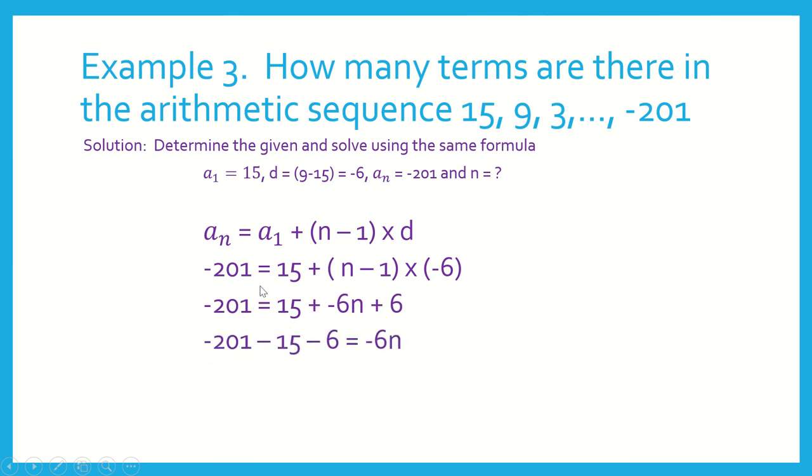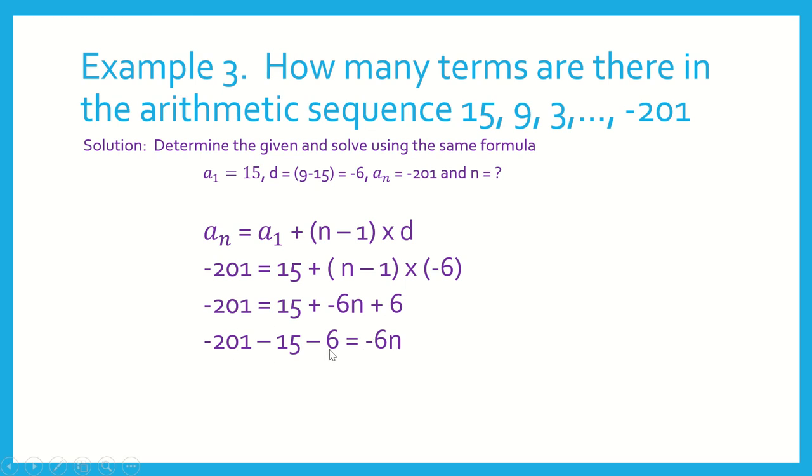Let us transpose the positive 15 to the other side of the equal sign. So it will change the sign. So it will become minus 15. And then we have the positive 6 transposing to the other side. So positive will become negative 6, is equal to negative 6n.